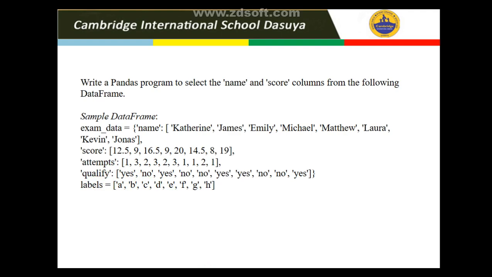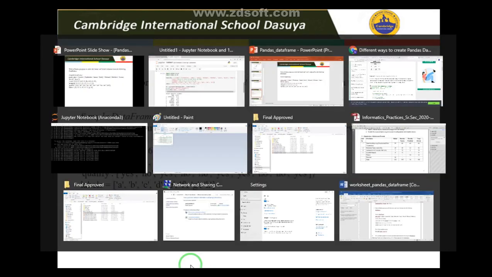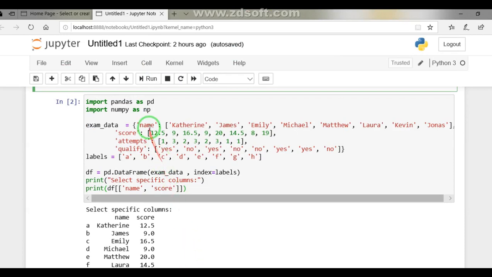Now switch over to Python. You see here I have already written the code. This time we have added another list, that is the labels. Now we want to do the labeling, and how are we going to represent these labels in the data frame? We'll be adding another attribute.